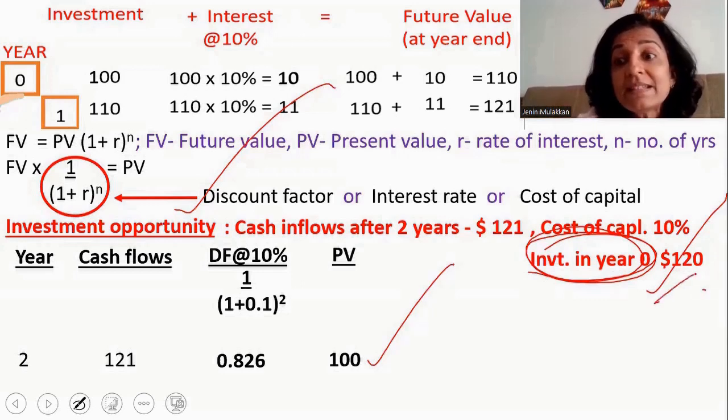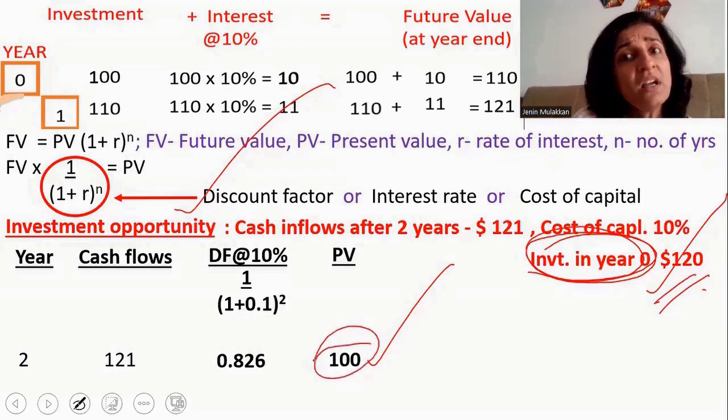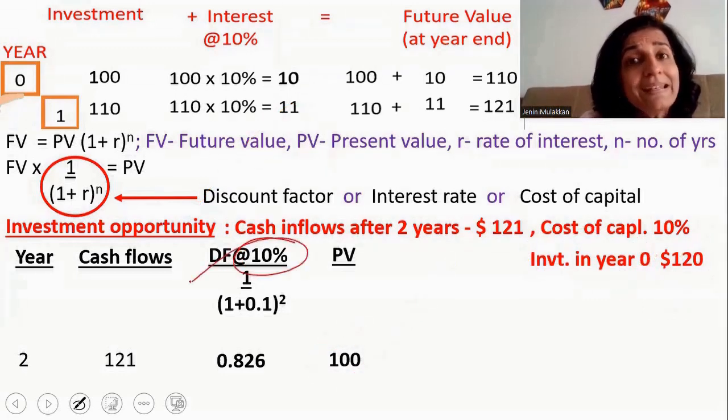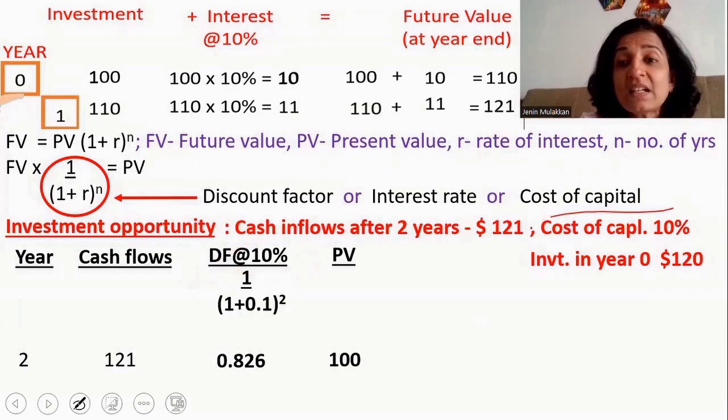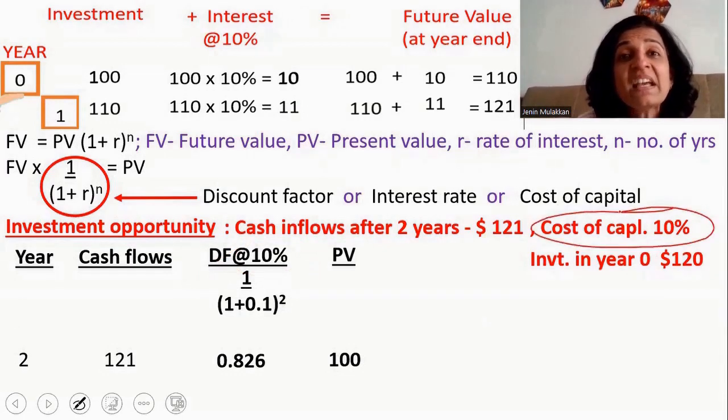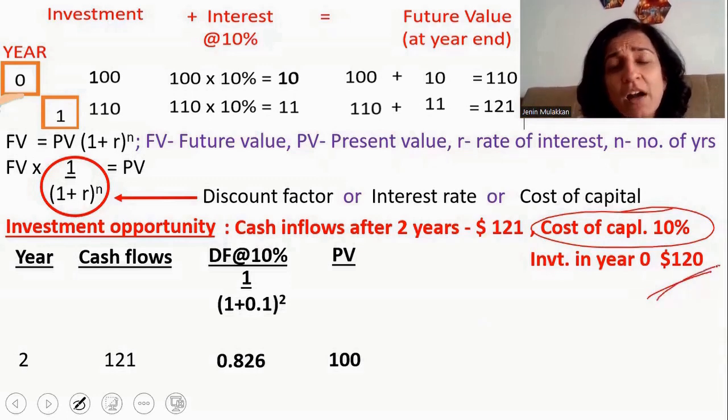If you invest, say, $120 or say any amount above $100, then we are not going to get 10% return. Now, since the cost of capital is 10%, can we take a chance of investing in any opportunity where the return is less than 10%? No, right? So obviously, you cannot make an investment of $120 now, which yields only $121 in the future.